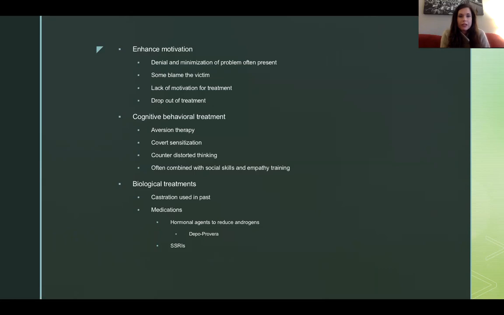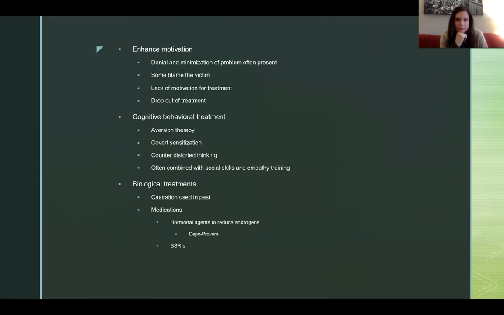There's cognitive behavioral therapy, aversion therapy, covert sensitization, countering distorted thinking, and social skills and empathy training. So helping people have an understanding of how what they're doing is impacting the individual.